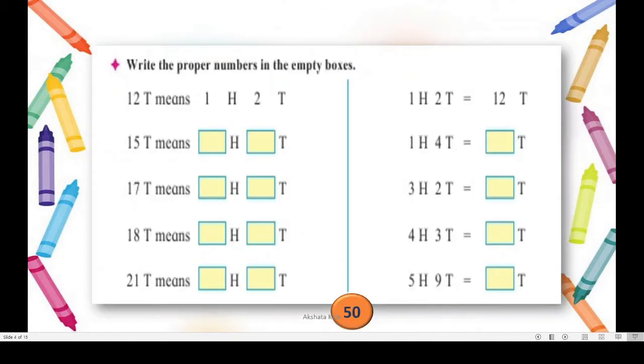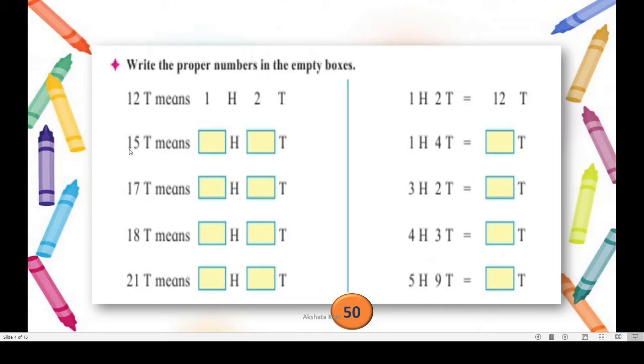Yeah, this is from your textbook, page number 50. Now here, write the proper numbers in the empty boxes. Here one example is given. You know now 12 tens is equal to 1 hundred and 2 tens.